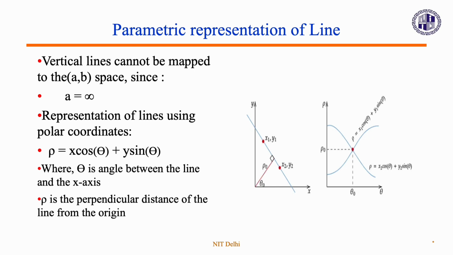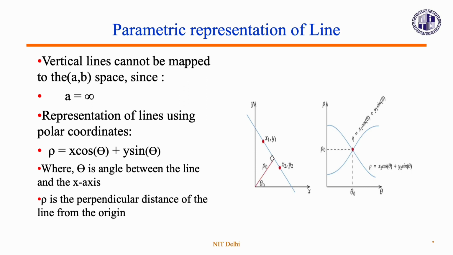To avoid this issue, the straight line is instead represented by a normal line that passes through the origin and is perpendicular to that straight line. This form of line is represented as rho = x cos theta + y sin theta, where theta is the angle between the line and the x-axis, and rho is the perpendicular distance of the line from the origin.